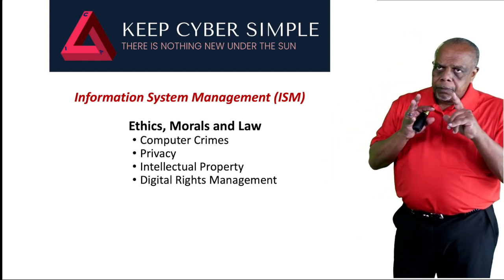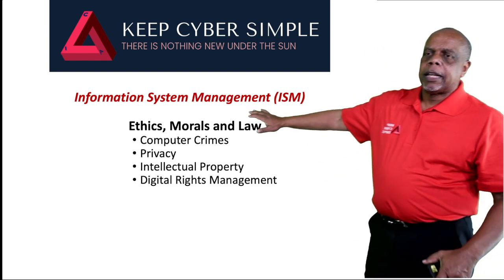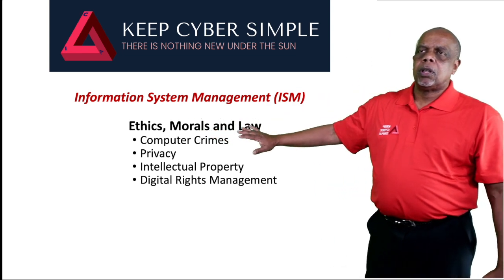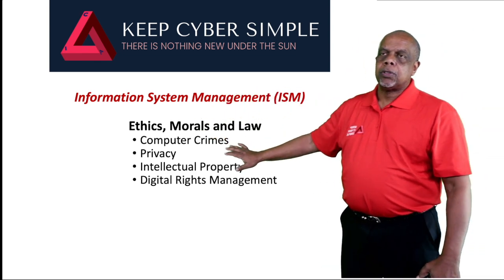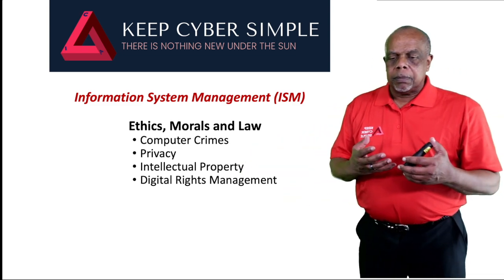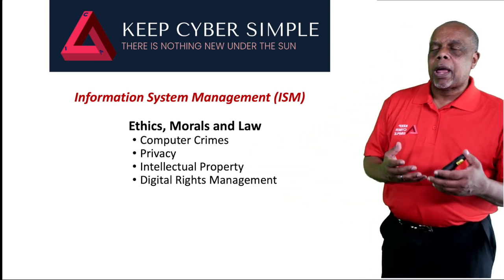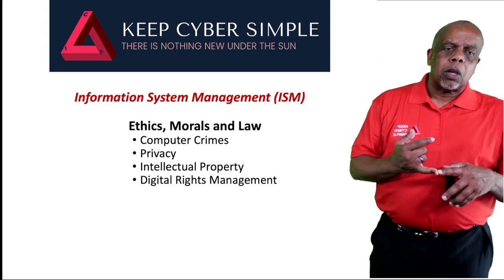Okay. So, like I said, we covered quite a few things in this course. We talked about ethics, morals, the law associated with that, the relationship between those three. We got into computer crimes. What does a computer crime consist of? It could be based on who it impacts.